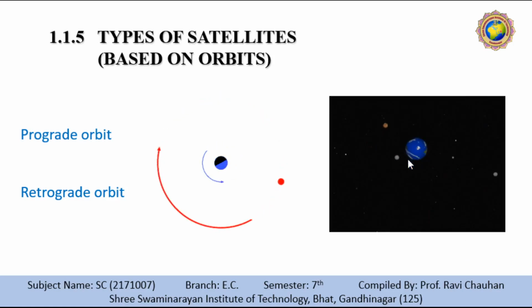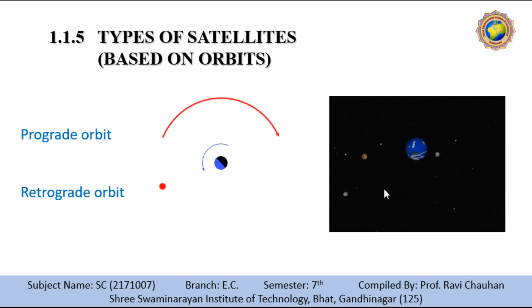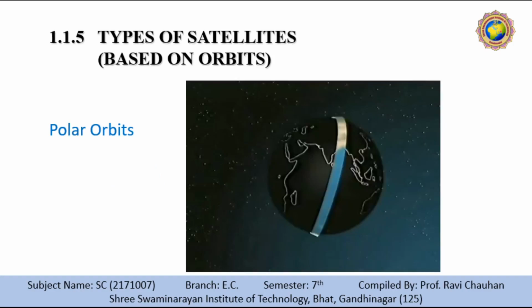This one satellite is in the prograde orbit, and the outer one, like our orange dot, is in the reverse direction of the Earth's rotation. So with this animation you can understand it very clearly. Let's go ahead.